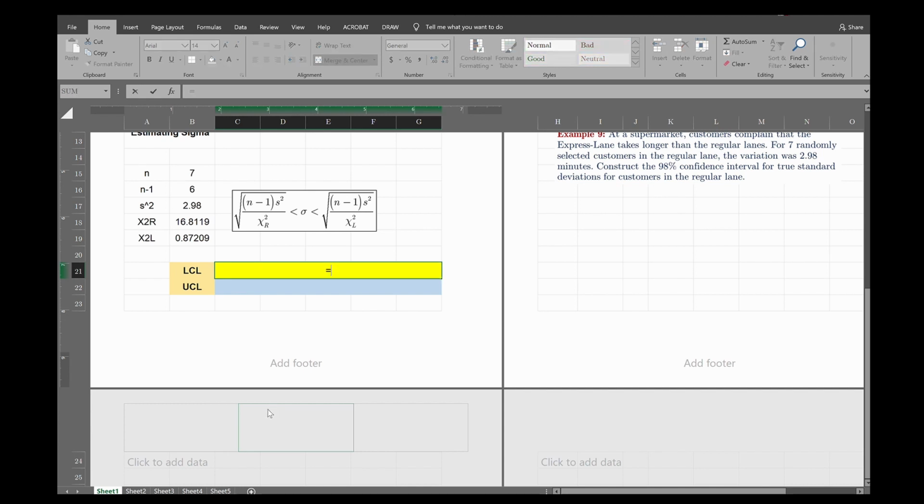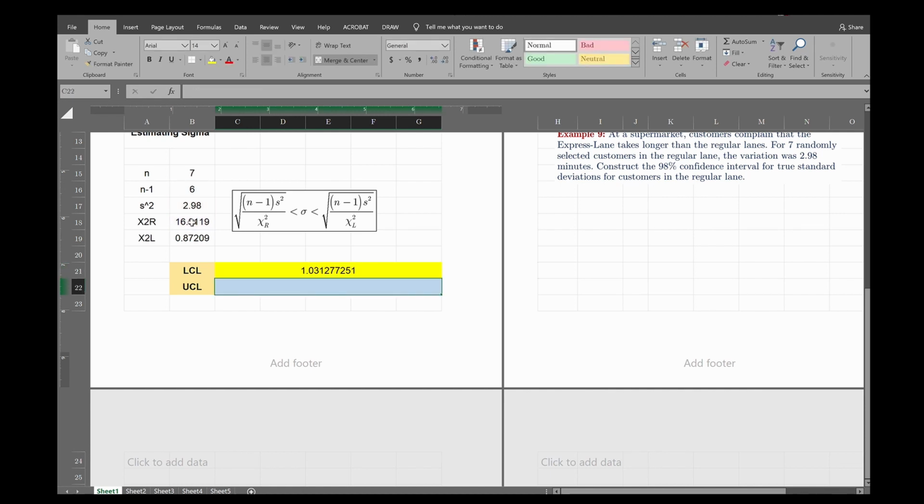My left-hand side will be equal to, since you start with a square root, you'll start with a square root. It will be n minus 1, which is 6, times s squared, divide by chi-square right. My chi-square right is 16 point whatever.